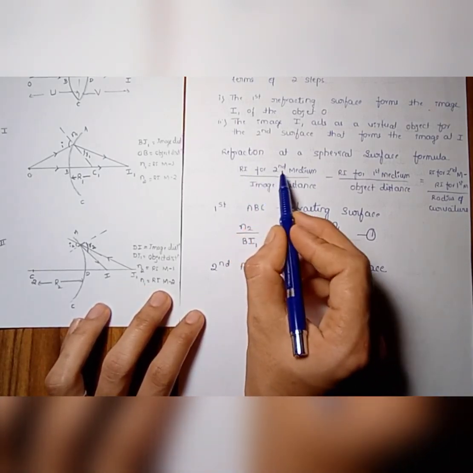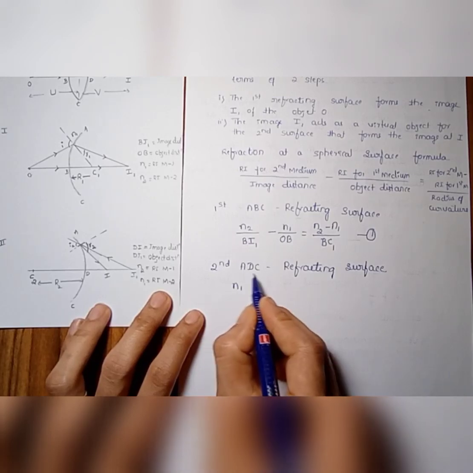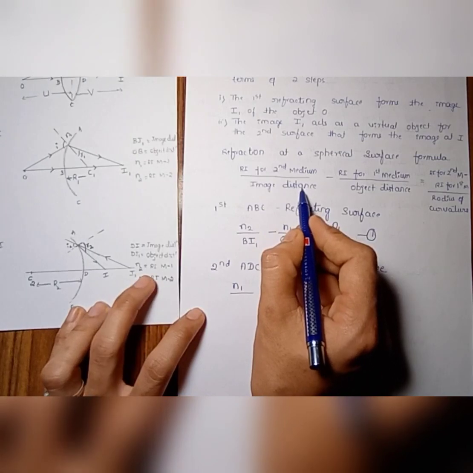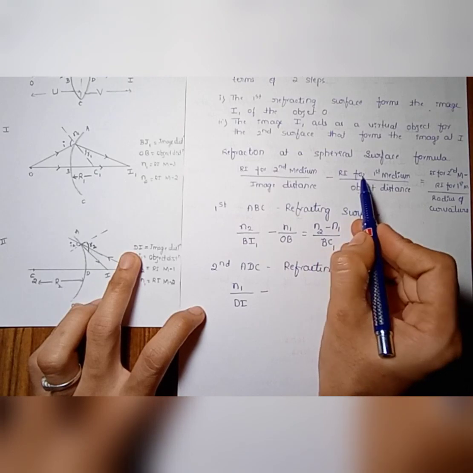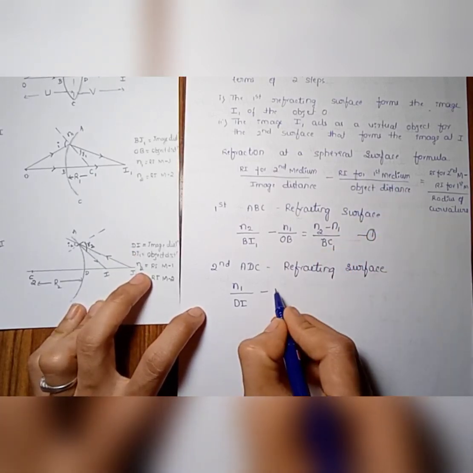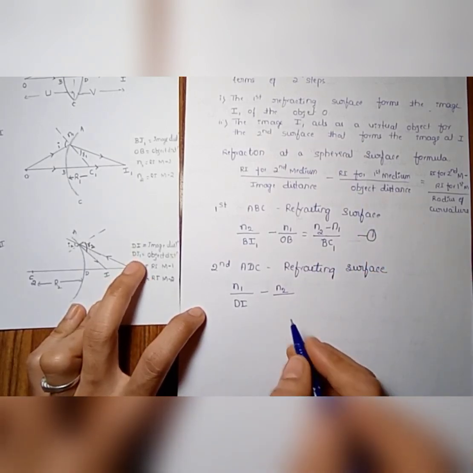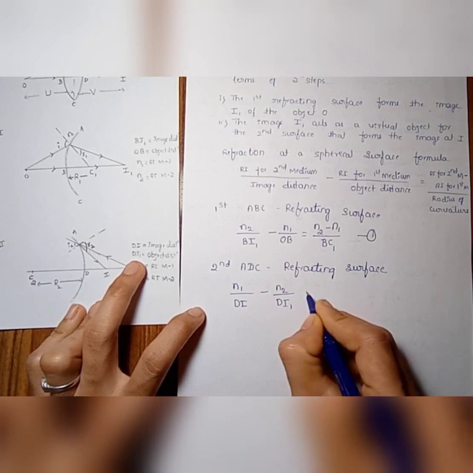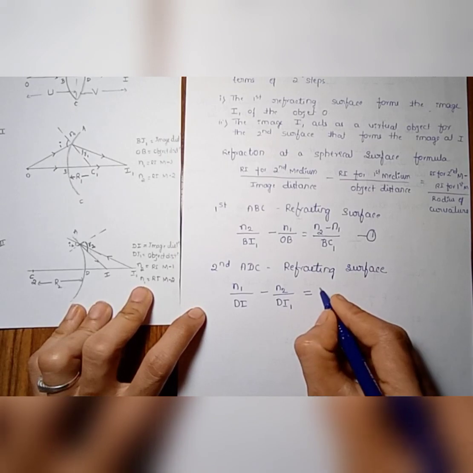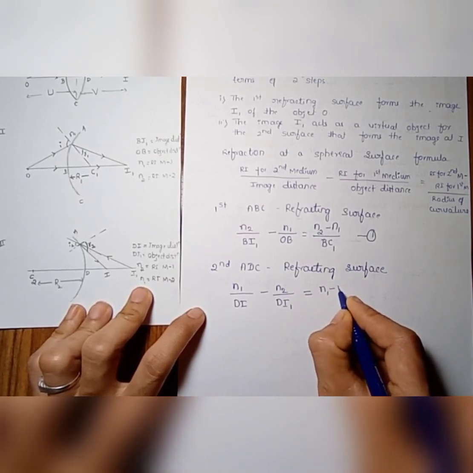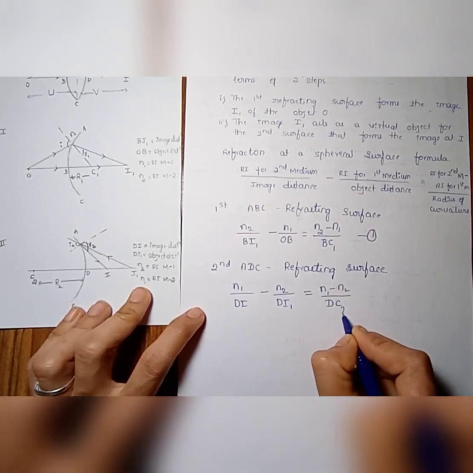Now the refractive index for the second medium is N1 for the refracting surface ADC, divided by image distance DI, minus the refractive index for the first medium N2 divided by object distance DI1, is equal to N1 minus N2 divided by DC2.